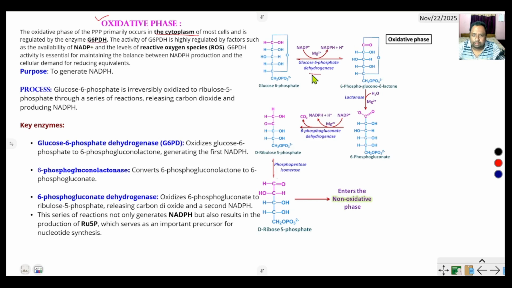This enzyme is the main regulatory component of this pathway, and it is also controlled by the concentration of NADP plus and the level of reactive oxygen species, because to protect the cell from oxidative stress, NADPH is required to reduce the glutathione component and break down the reactive oxygen species into simpler form.